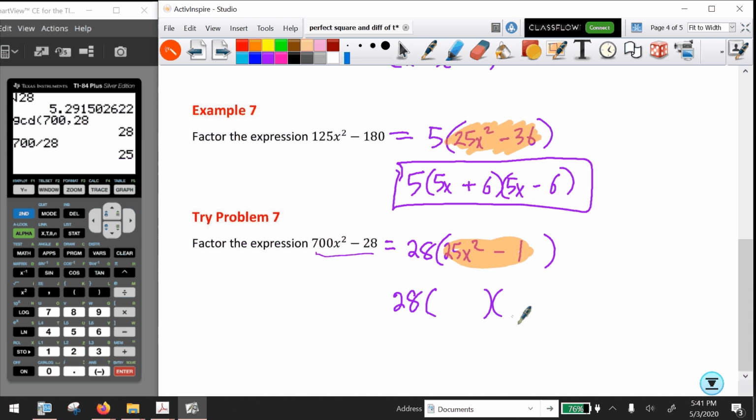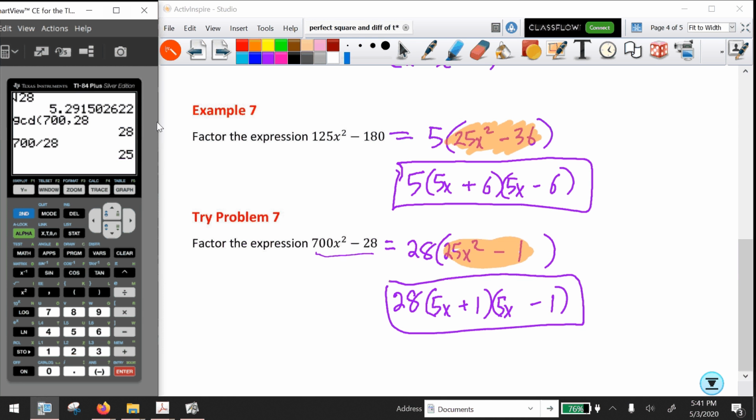The square root of 25x squared is 5x. And 1 is a perfect square. The square root of 1 is 1. Because 1 times 1 is equal to 1. Since it's negative 1, one has to be positive, one has to be negative, and that's it. That's our final answer.